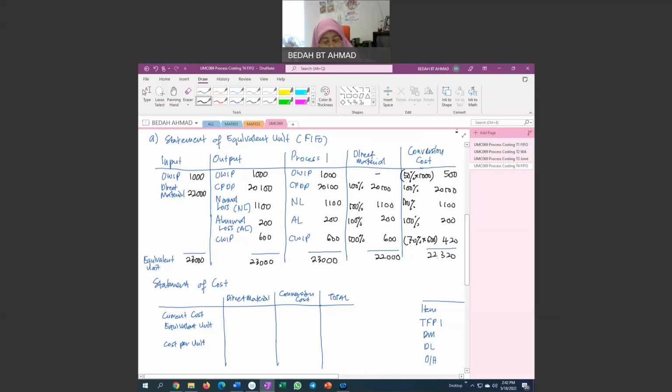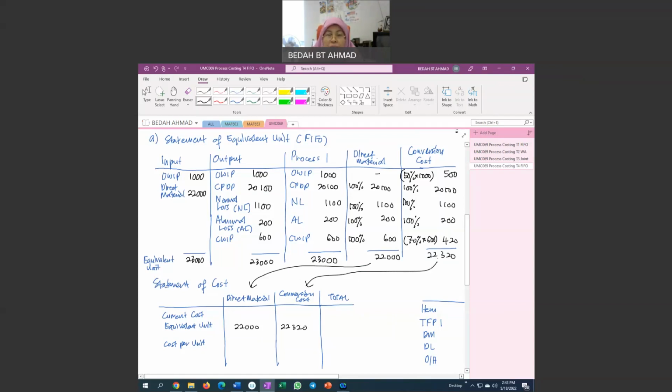Okay, for the statement of cost, the current cost as per direct material. So this one we put here, and this one we put here. The equivalent unit here is 22,000 for direct material, and the conversion cost is 22,320.